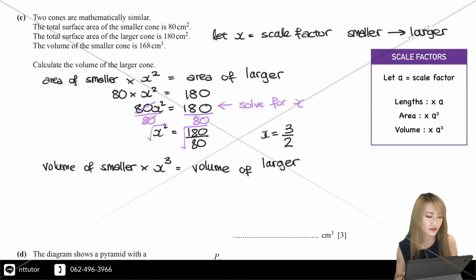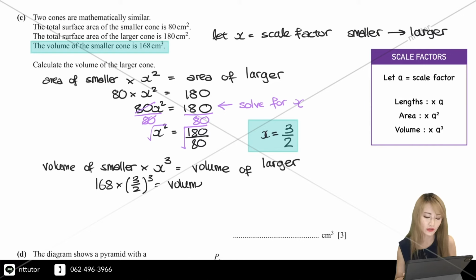We are already given the volume of the smaller cone from the question, that's 168. And we already know the scale factor, x, which is 3 over 2. So that means that 168 multiplied by 3 over 2 cubed must equal the volume of the larger cone, which we are trying to find for this question. So that equals 567 centimeters cubed.